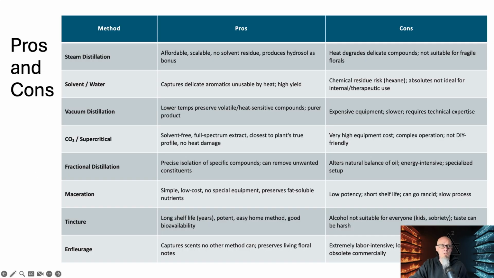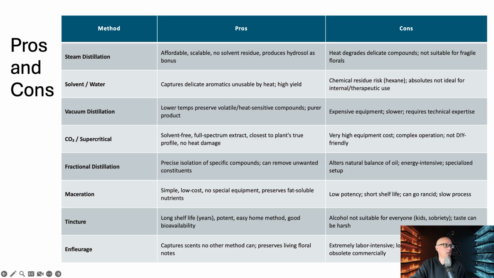Okay, so pros and cons of each. I'm not going to read all of these. It's pretty straightforward. Okay, the top two are going to be for material that aren't super sensitive. Vacuum distillation is when you start to get into more sensitive. CO2 supercritical is for very, very delicate material that you can still extract oils from without having to shift.